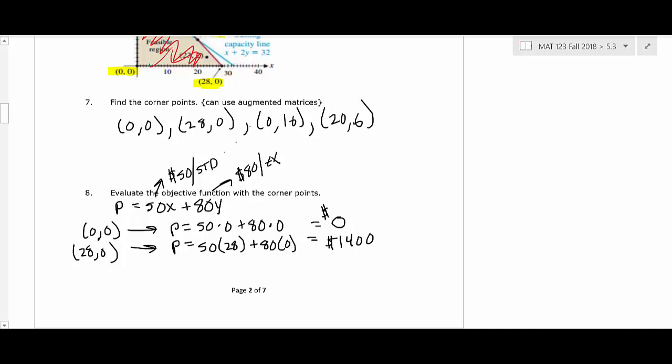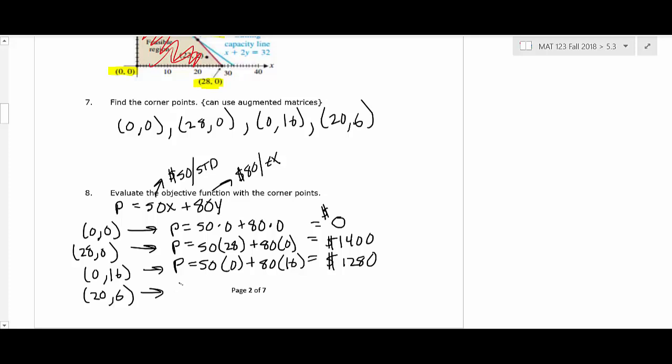Okay? The next corner point is 0, 16. The meaning of that is you're making no standard tents, but 16 expeditions. So your profit would be 50 times 0 plus 80 times 16. Okay, I do that on the calculator, compare the profit. So 80 times 16 is a profit of $1,280. Okay, now you have one other corner point, which is 20, 6.